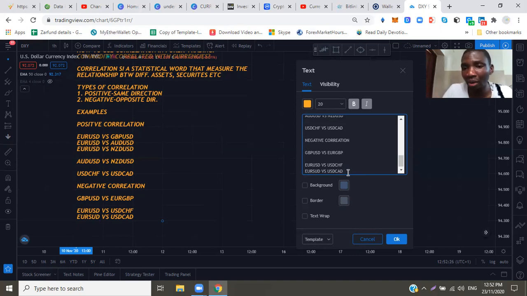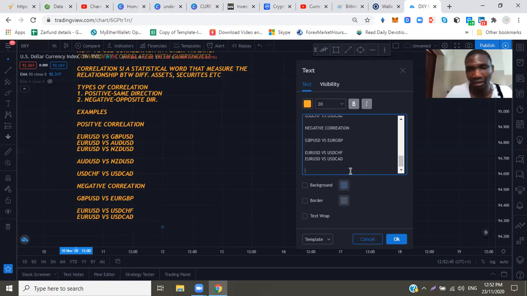When you see a buy on Euro USD, you will see a sell on USD CAD most of the time. So these are negatively correlated pairs.